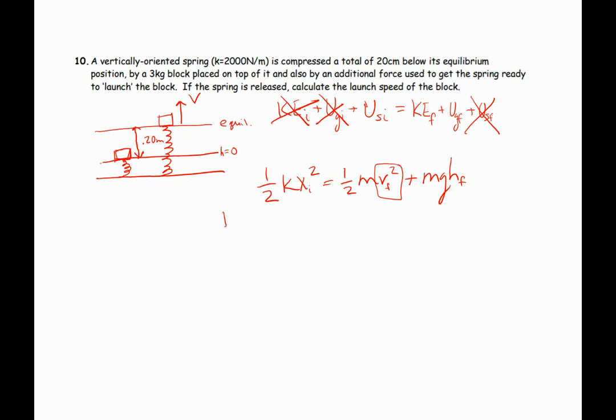So I have 1/2 m v final squared is equal to 1/2 kx squared. So k is 2,000 newtons per meter. My x is going to be 0.20, and that's going to be squared.